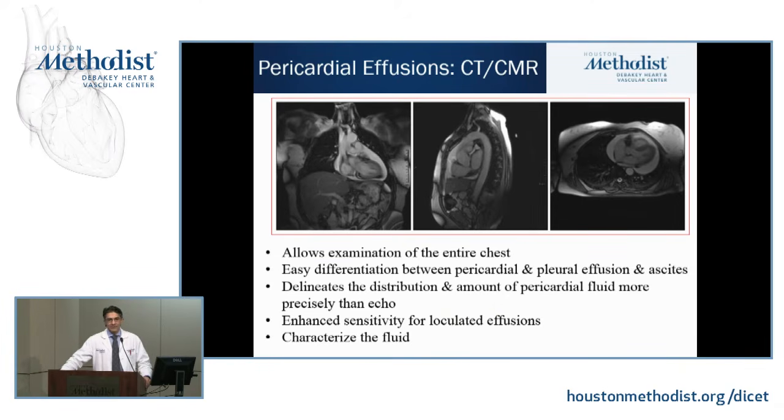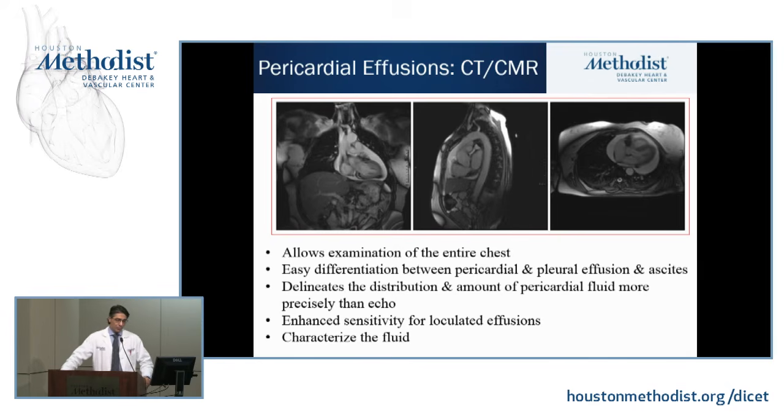It's very easy for us to differentiate pericardial fluid from a pleural effusion or ascites. I know sometimes with echo imaging and windows, it can be a little bit challenging. With this technique, because you're imaging the entire thorax and maybe even the upper abdomen, you really have great ease in differentiating structures.